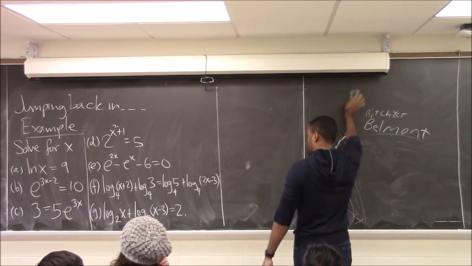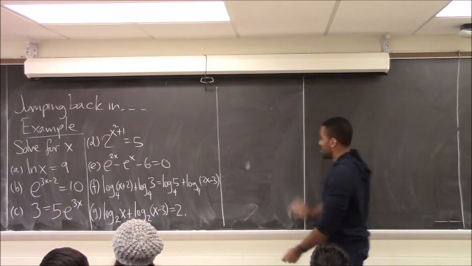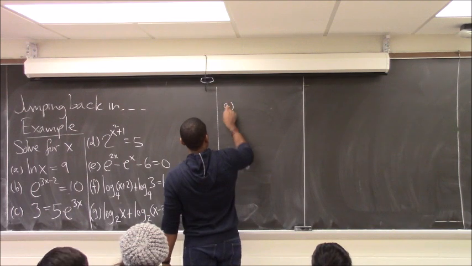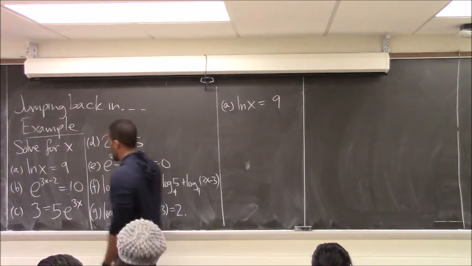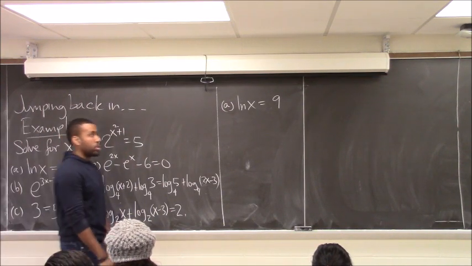Tell me how to solve for x. First one. We have ln of x equals 9. What happens? How do you solve for that? What is x?